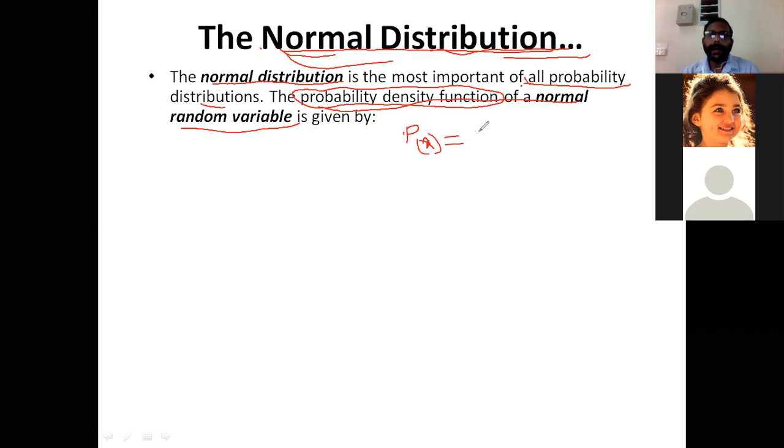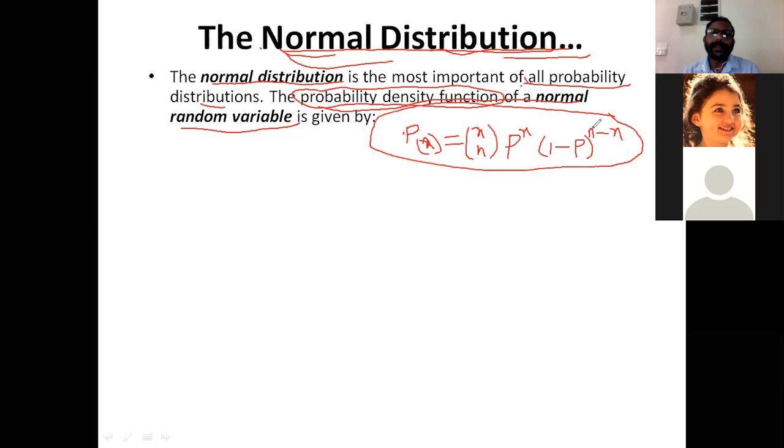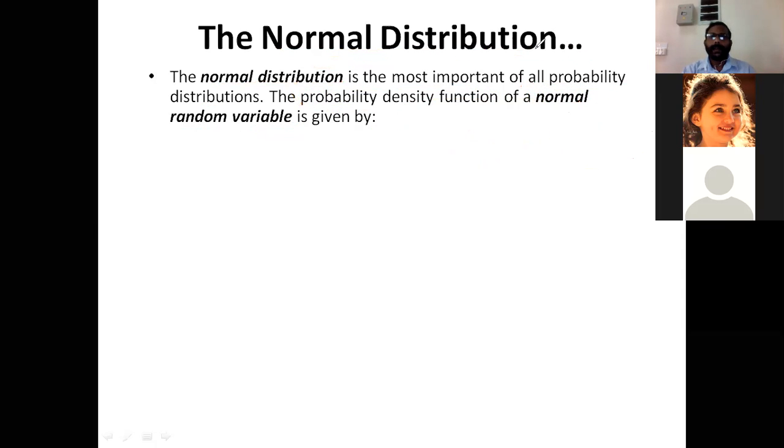Can somebody remember? Factorial n over x, p to the power x into 1 minus p to the power n minus x. So this is the probability function of the binomial distribution, right?